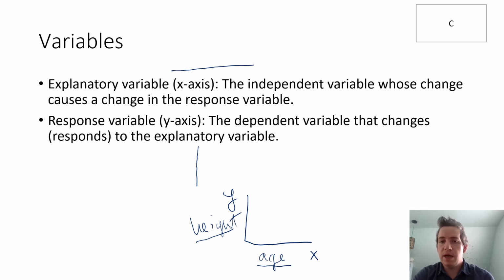On the previous slide, we saw that the x-axis was city miles per gallon, the y-axis is highway miles per gallon. One doesn't really explain the other, although there still is a relationship between those two things. So in some situations, it's difficult to pick out which one is the independent or explanatory variable, but if you can, put it on the x-axis.